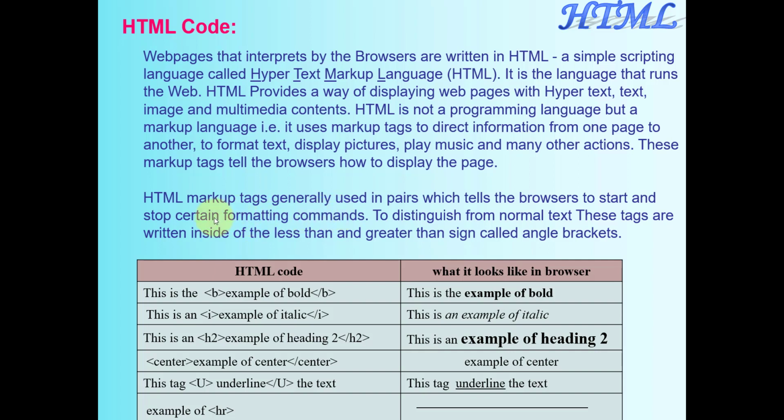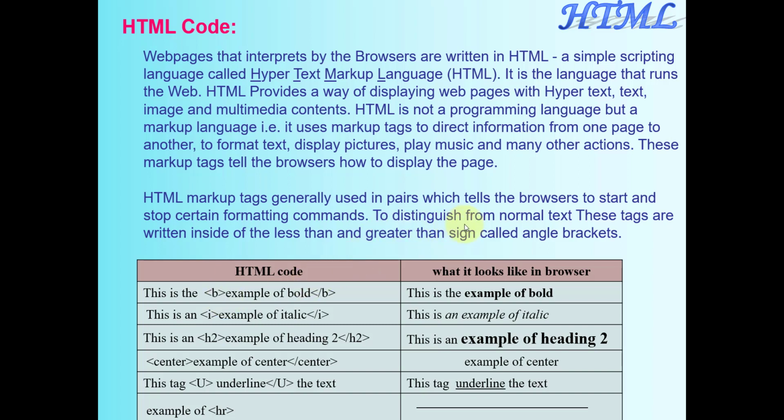this is designed in the form of tags. This is the tag. This B means bold tag. This I means italic tag, and H2 is the heading tag. So such tags are used for formatting commands. These are the formatting commands. Clear? So with the help of these tags we can put in our commands.